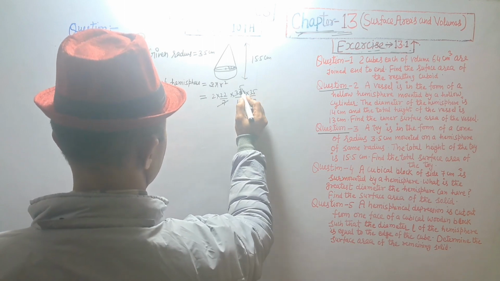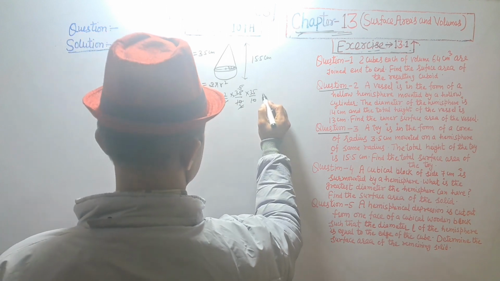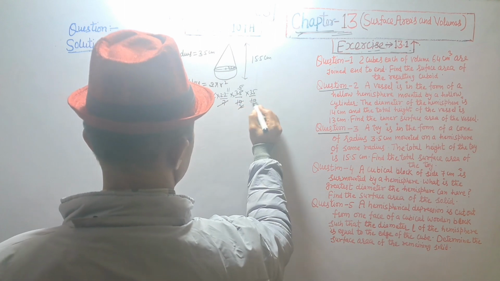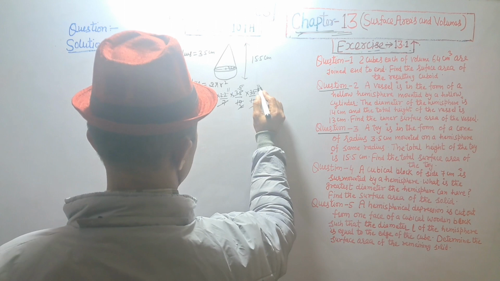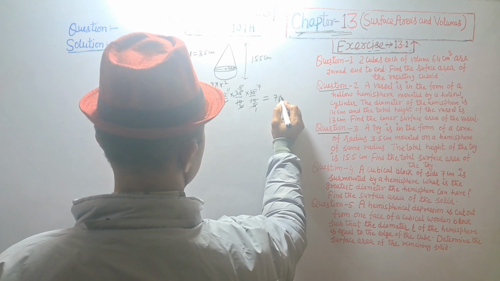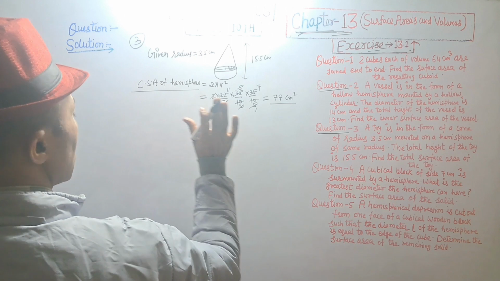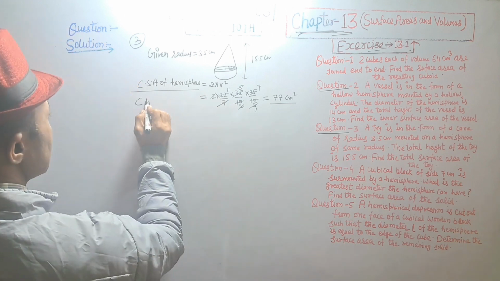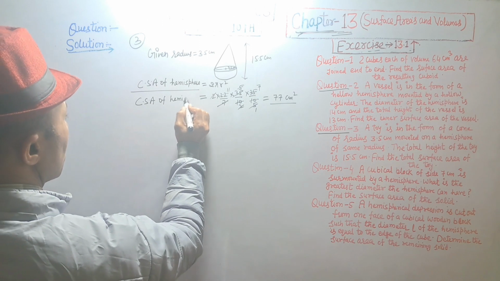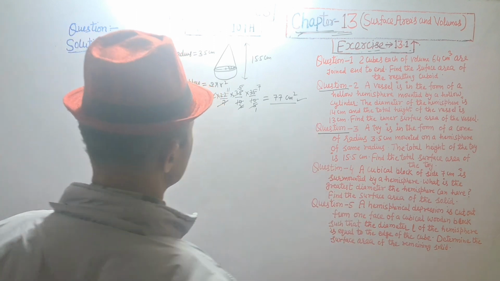This is cancelled by 5. 5 2s are 10, 2 is cancelled, and we get 11 2s are 22, 5 2s are 10, and 5 1s are 5, 7 5s are 35. We get 77 centimeter square. It's the curved surface area of hemisphere. CSA of hemisphere is equal to 77 centimeter square.